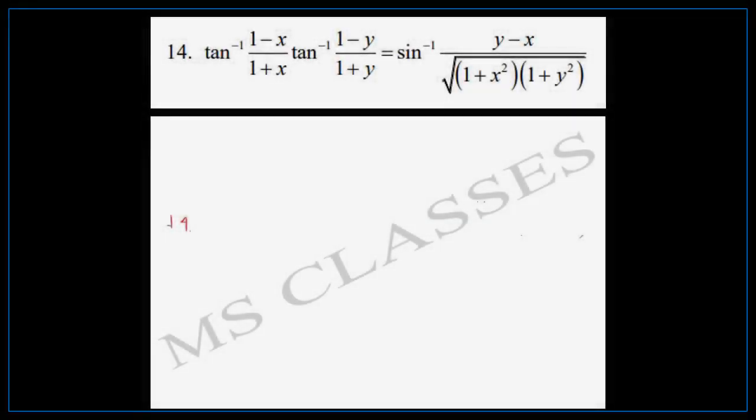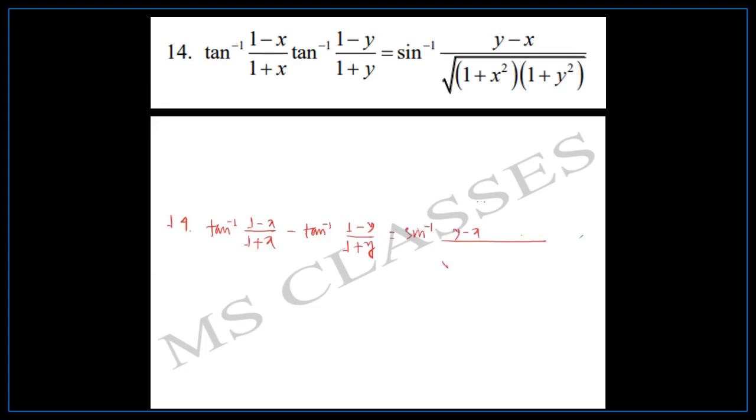It is given tan inverse of (1 minus x) by (1 plus x) minus tan inverse of (1 minus y) by (1 plus y), and we have to find the RHS form, which you prove is sine inverse of (y minus x) by under root of (1 plus x square) into (1 plus y square).